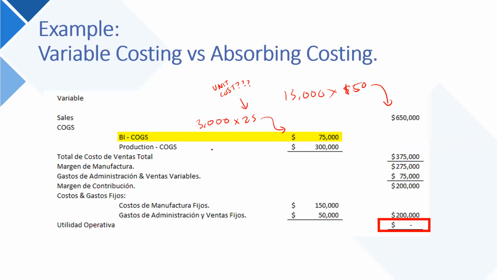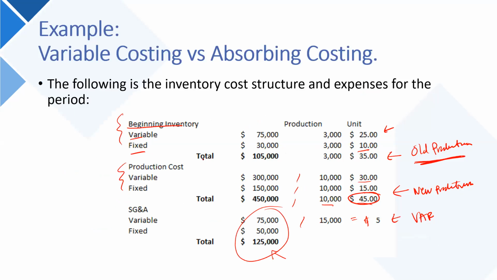Great. And now we need to get the production, which is what? Well, it's 10,000 times the variable cost for the new production. And what is the variable cost for the new production? 15. Oh, it's actually 30. It's 30.